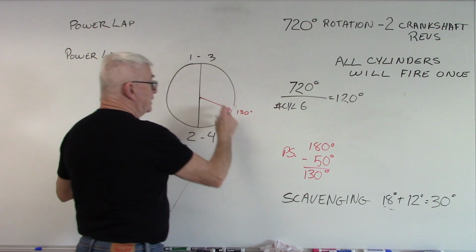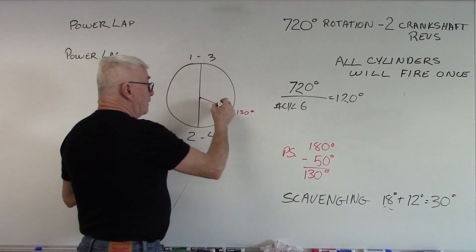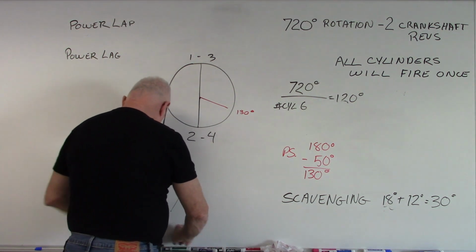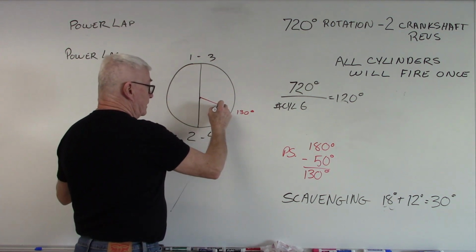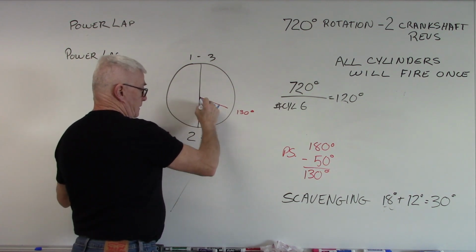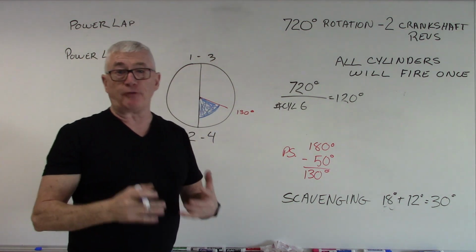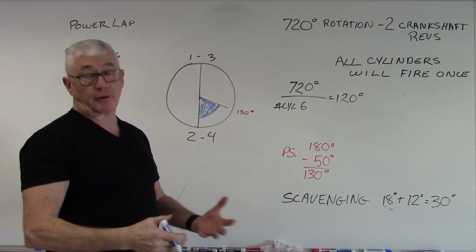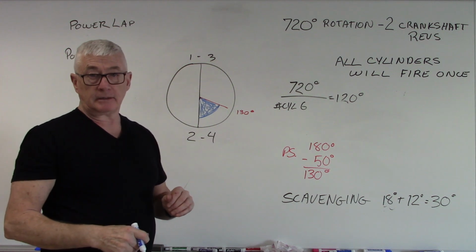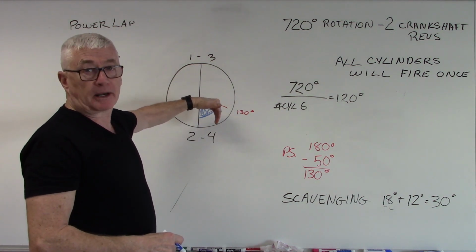At 130 degrees after top dead center, there's going to be nothing imparting any force to the crankshaft at this point, which means that we're basically going to be coasting till we get to bottom dead center.